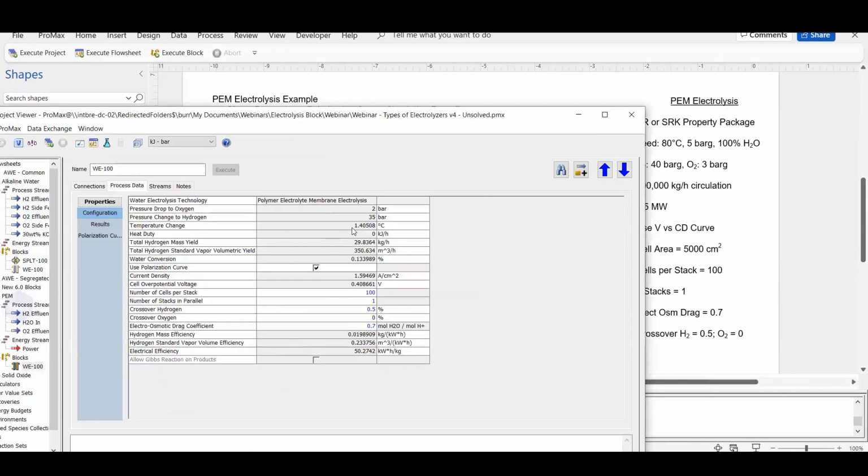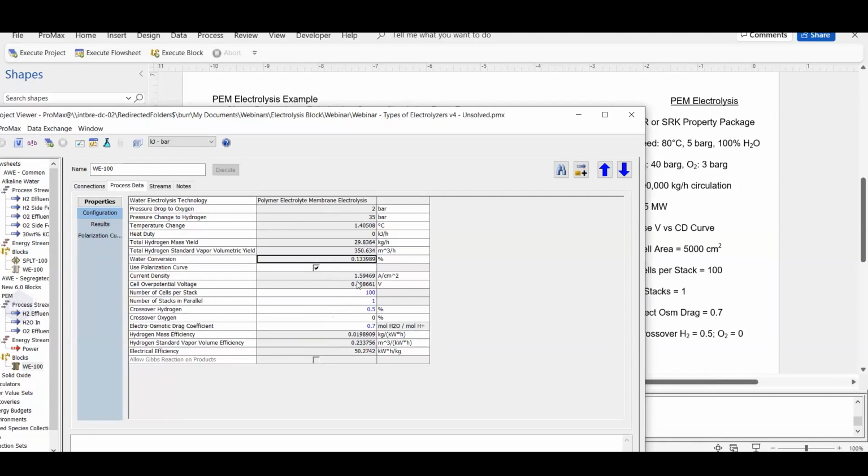And you can see that temperature rise here. You see our yield of hydrogen, and at this condition, we have 0.133% water being converted, and that's a reasonable value for a PEM electrolyzer.